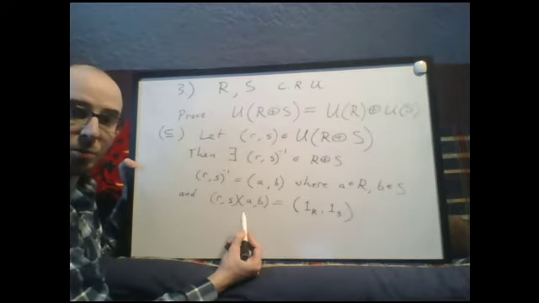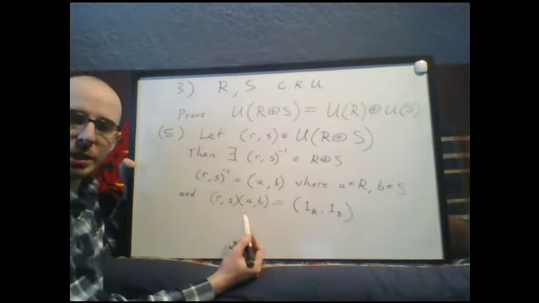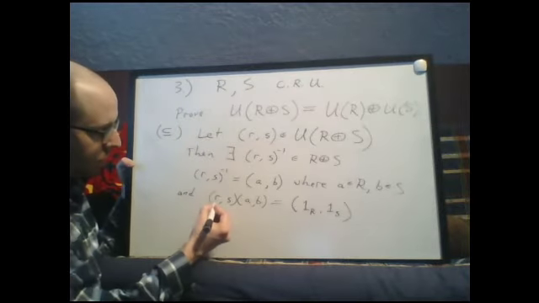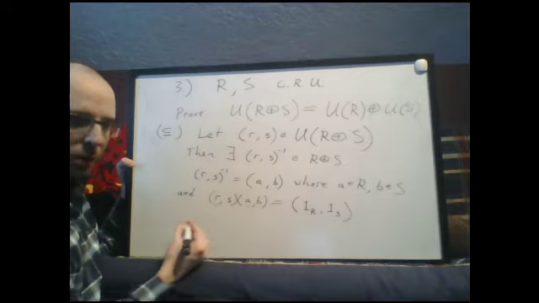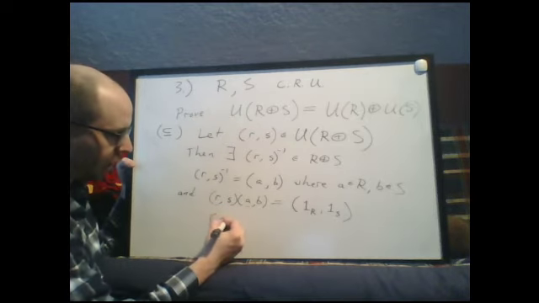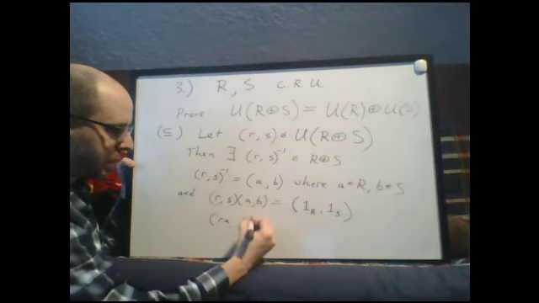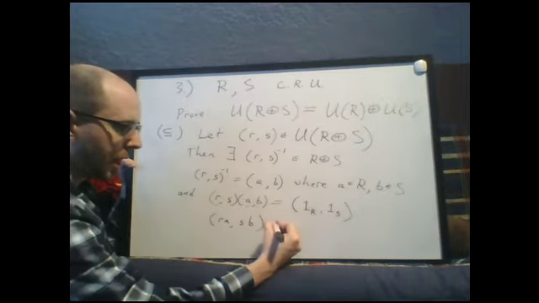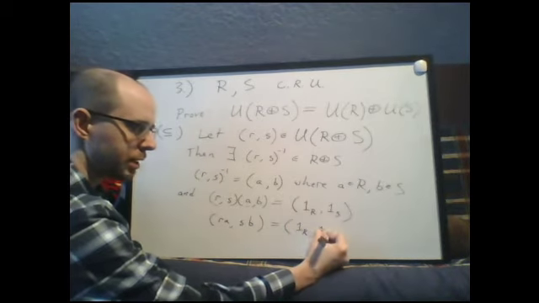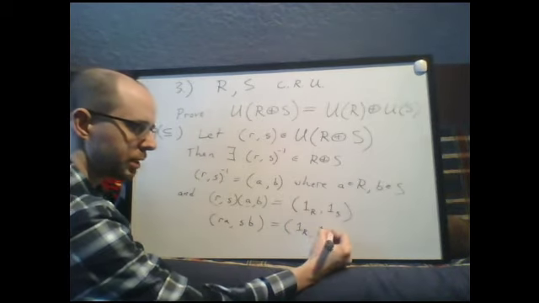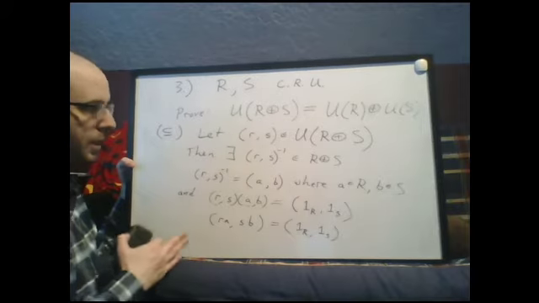All right, but let's now recall how multiplication works in a direct sum. The way you multiply is you multiply corresponding coordinates. So (ra, sb) has to equal (1R, 1S). Right? So out of space, I need to erase some things.